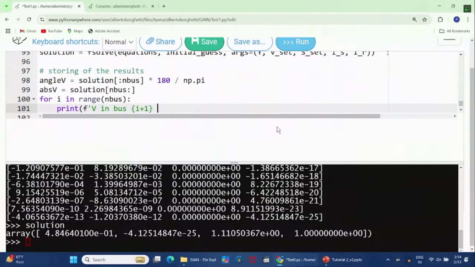And then it is equal to the abs. We need to take from the program the abs of V, the absolute value of the V.